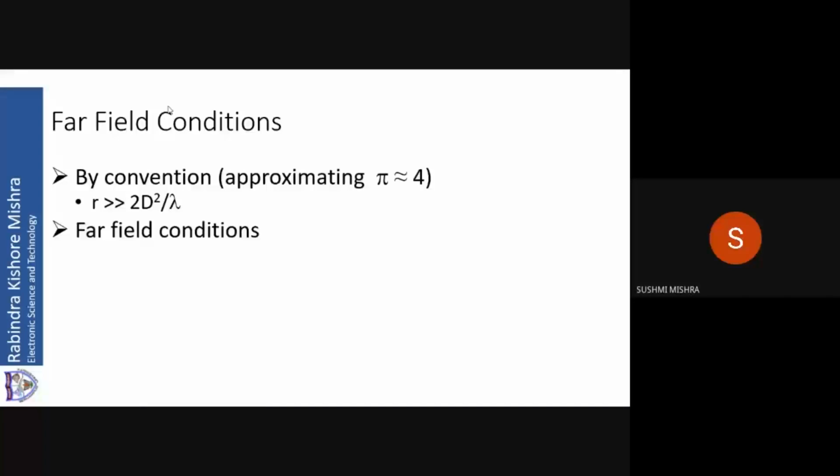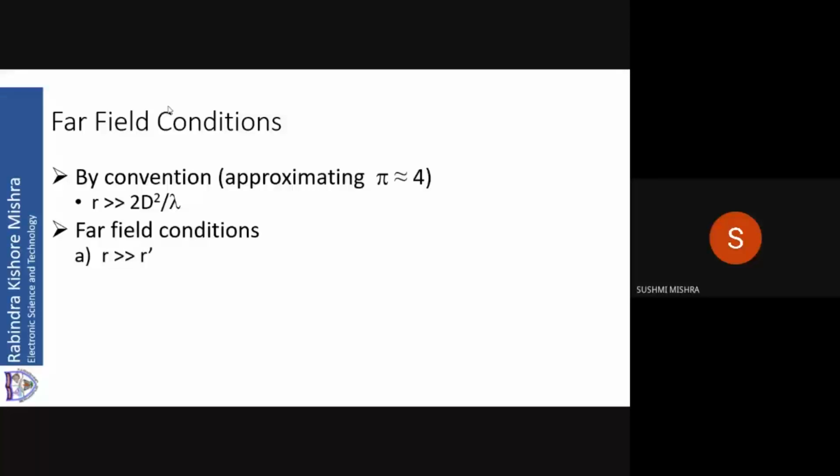So this is one convention that we use. If we use this convention, what will be the far field condition? There can be two conditions. The first condition, or condition A, is that little r is much greater than R dash. This I have told you in the previous slide also.